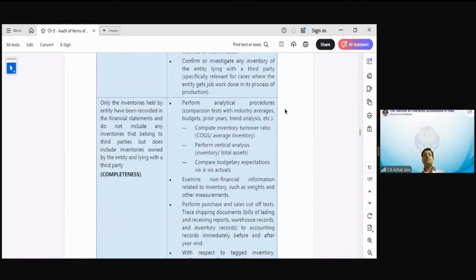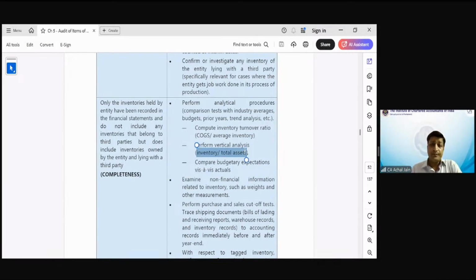Then, around the inventory, some of the analytical procedures can also be performed. So how will you do that? These are more in blend with the P&L component, but we can just talk about it. Means what is the size of the inventory as compared to the total assets? And is this increasing or decreasing year on year? One.